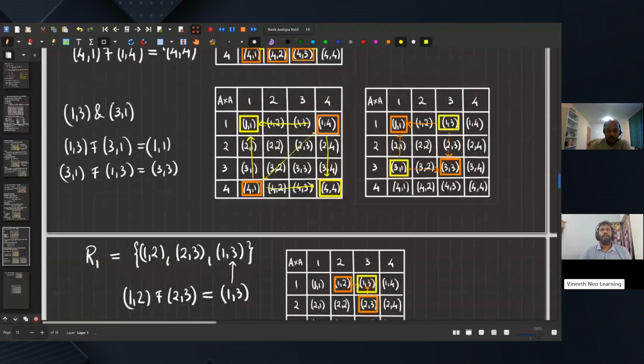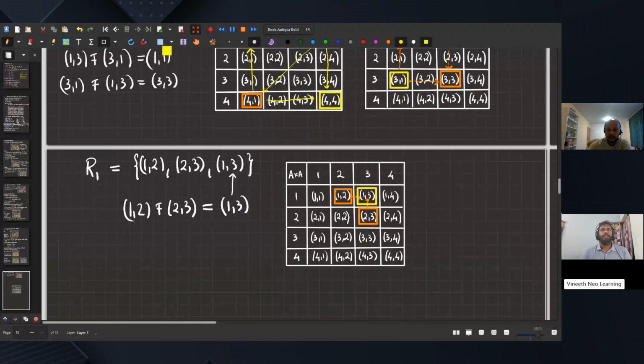Just move it like a square, and you will eventually meet at the transitive pair. Here (2,2) is not possible, but (1,3) is possible. If you think like a box, this should also be possible, but here it is not; (1,3) is possible.